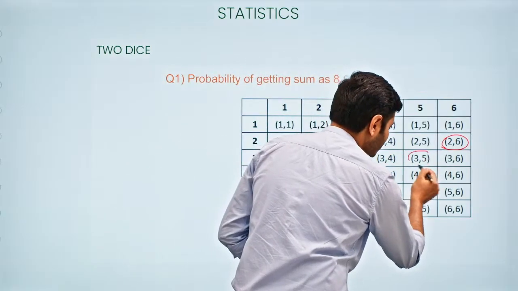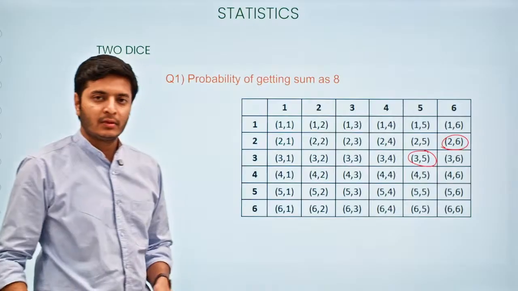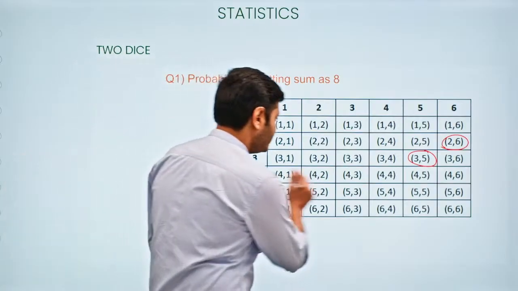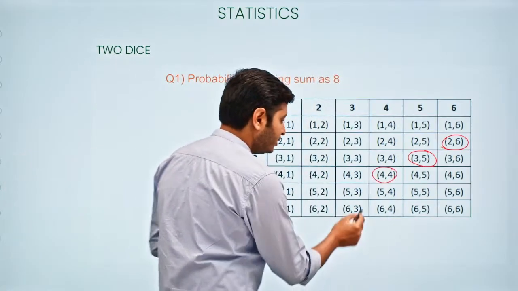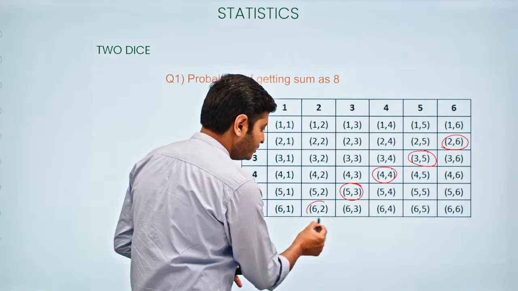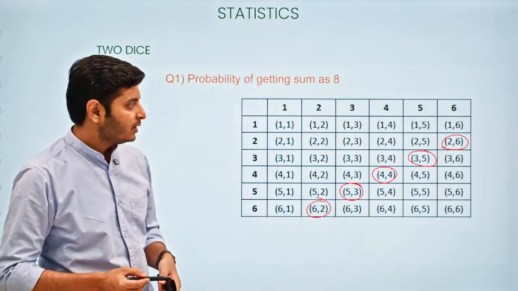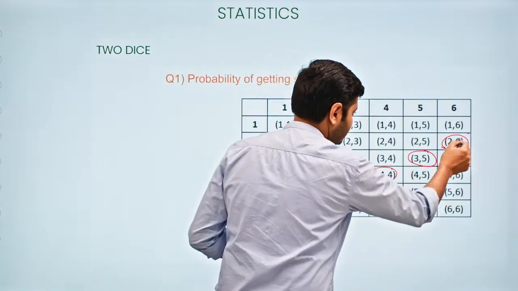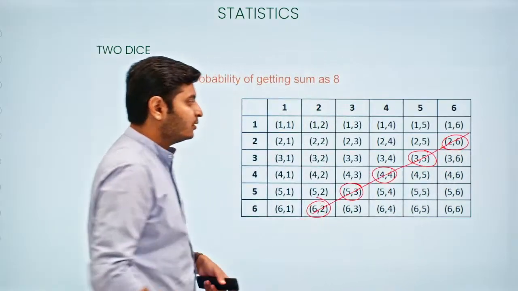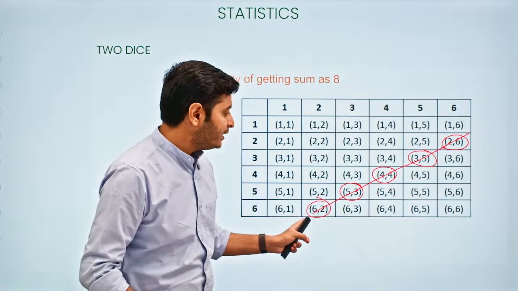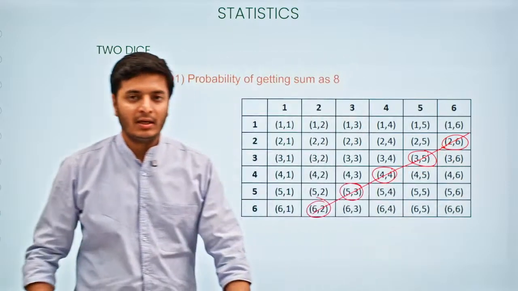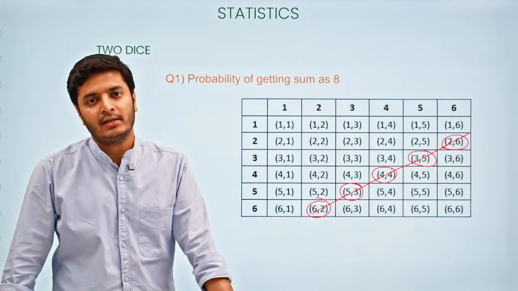Again, this value, 3 and 5, sum is 8. In this row, 4 and 4, 8, 5 and 3, 8, 6 and 2 also 8. Can you see this line? So every outcome in this line has sum exactly equal to 8.